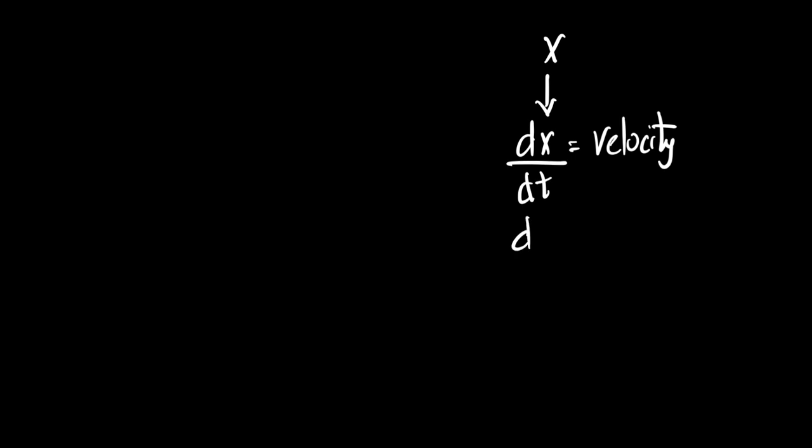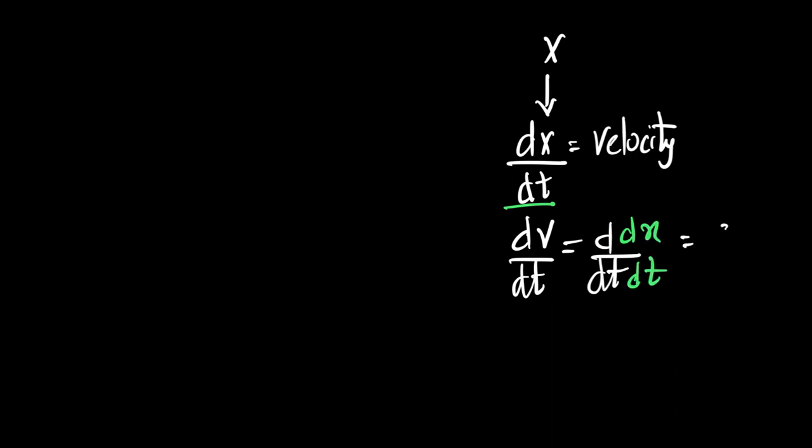When you differentiate velocity, which is basically dx by dt, what do you get? You get the next term, which is acceleration, right? So acceleration, in other words, is nothing but the second derivative of distance, right?